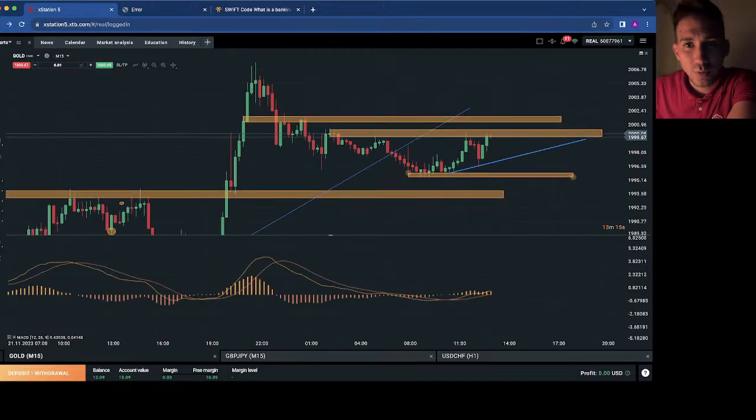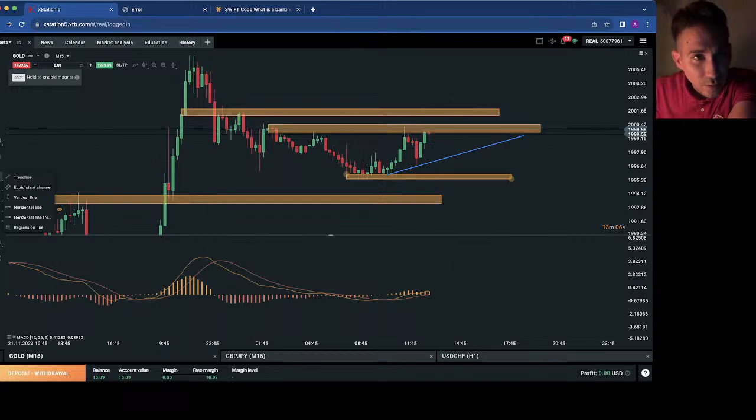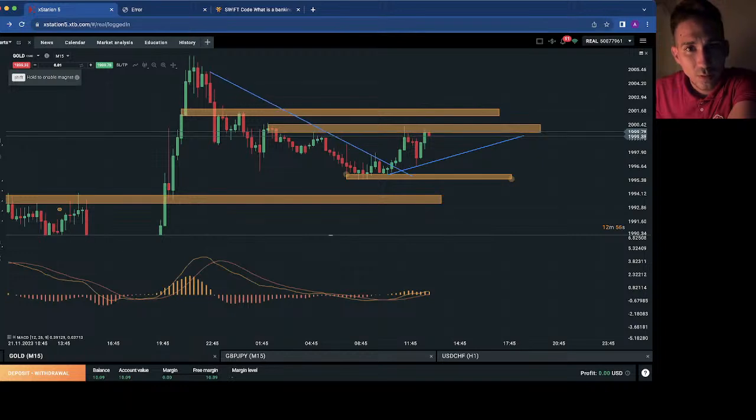If we're gonna go deeper, let me remove this. We have this break of structure here, right? So we break the structure, retest, and then we're going up.